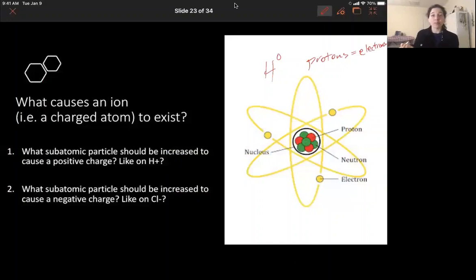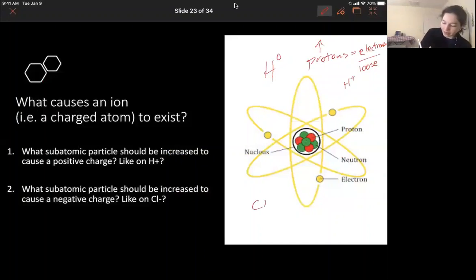Now, all of a sudden, if it gets a positive charge, that means we've got more protons than we do electrons. So what's happening here is we lose an electron. We lose one of these, and all of a sudden, now we've got more protons, and so we get an H+.